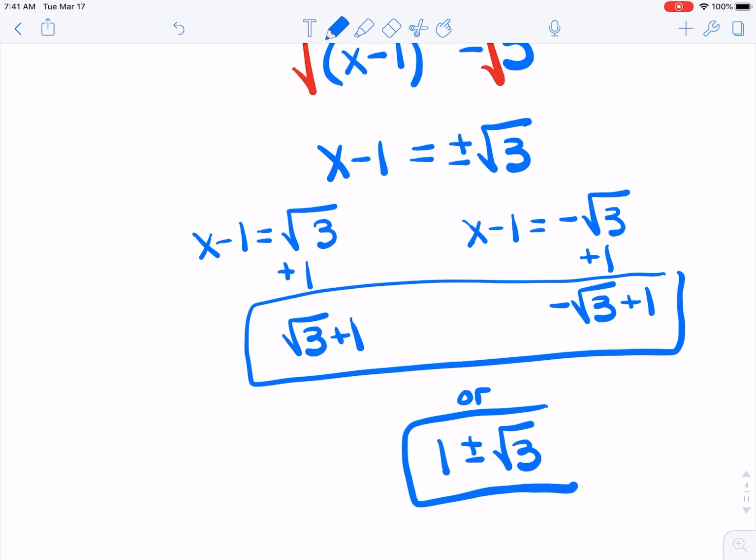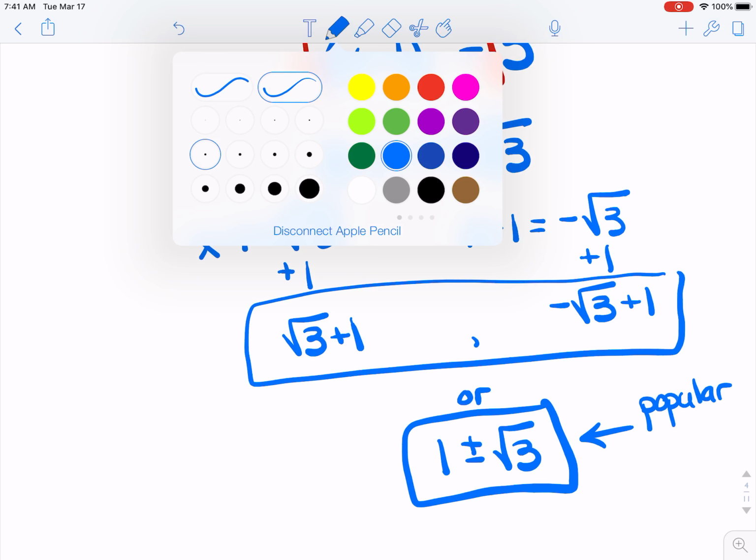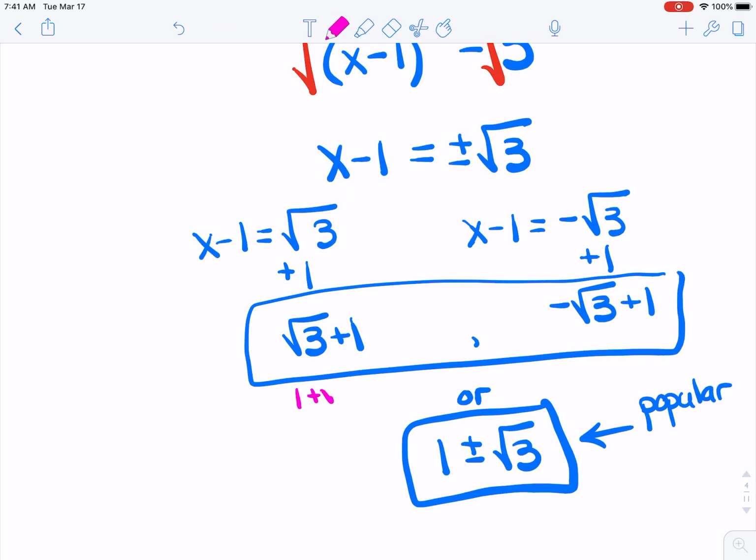Either way is acceptable. This, with the plus or minus sign, is the more popular way to write the answer. But again, it's up to you which way you want to write it. If you want to write each one separately, you can also write either one of these, or flip it around so it's like that. You can do that as well.